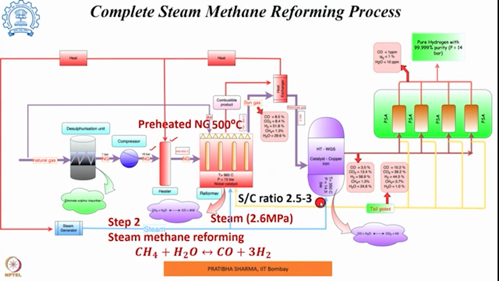An excess of steam to carbon ratio is required so as to reduce coke deposition. These are fed into the primary reformer or the main reformer unit, which is the steam methane reformer.